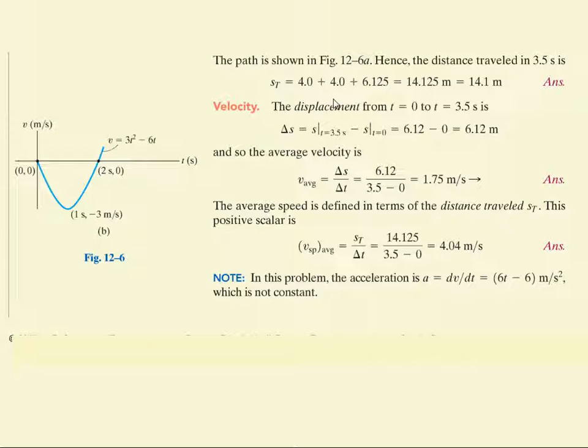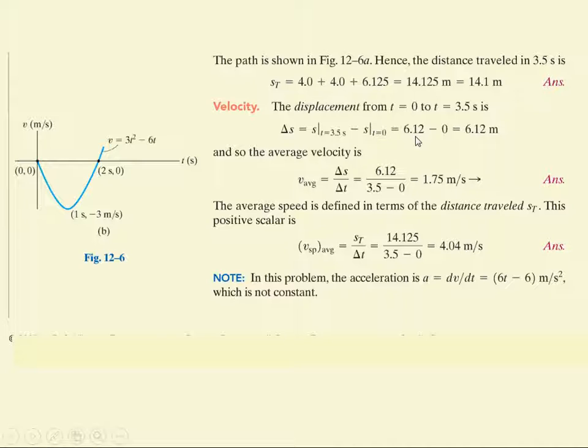So we will have that the total distance is 4 plus 4 plus 6.125, and the velocity would be ds/dt. In this case, we consider t from 0 to 3.5. So we have to consider the variation of the position, which is between 3.5 and 0.